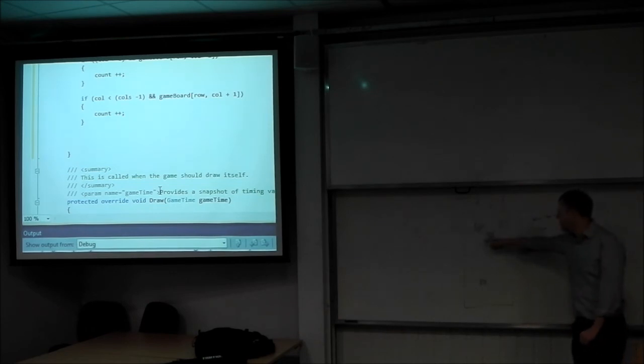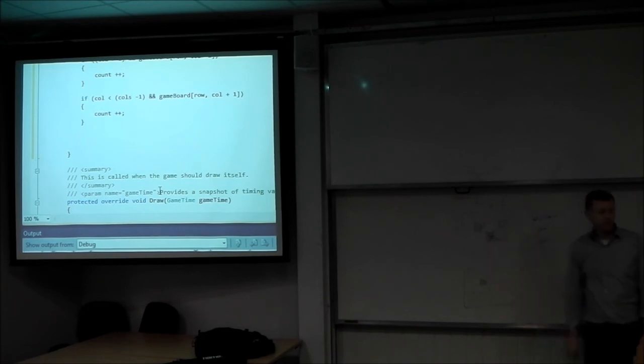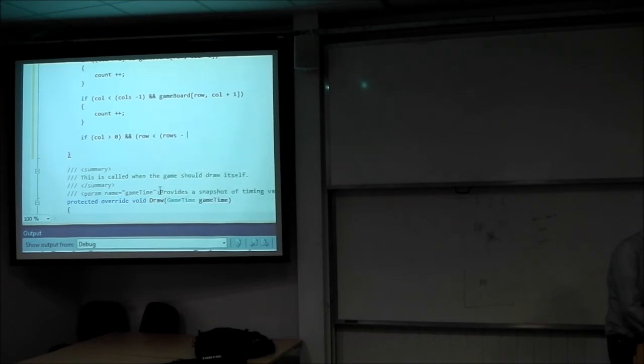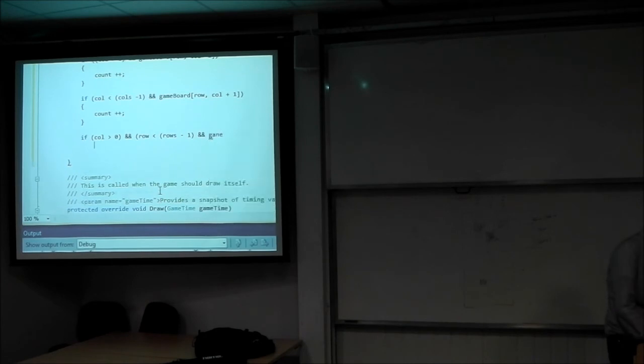Right, now we'll check the 3 on the bottom then, right? The 3 on the bottom, this is row plus 1 and column minus 1. Alright, so let's go. First of all, we have to check to see if the column is greater than 0 and the row has to be less than rows minus 1, and the cell, which is game board at position row plus 1, comma, column minus 1.